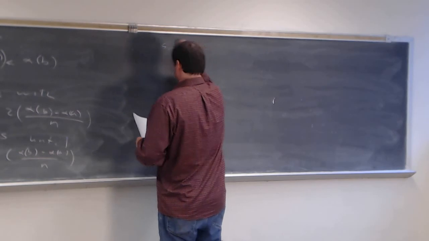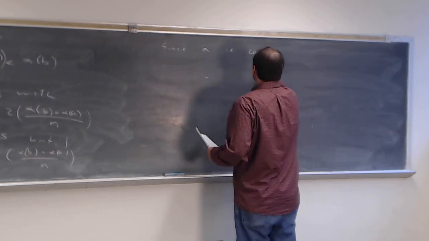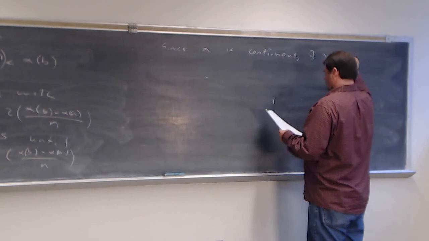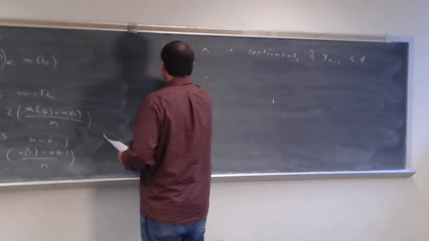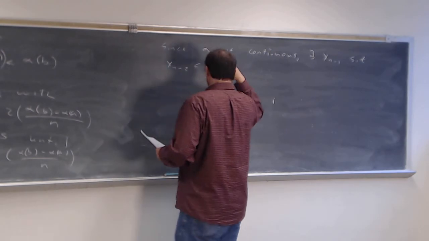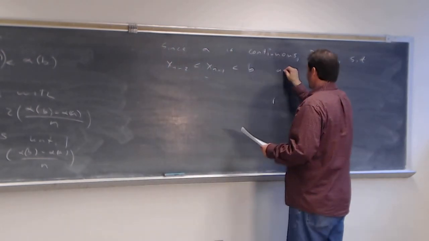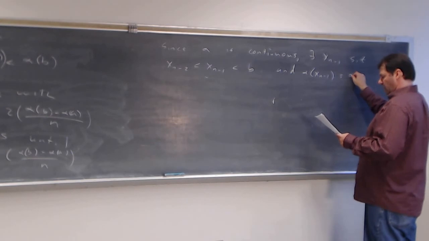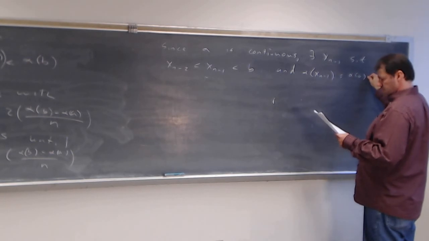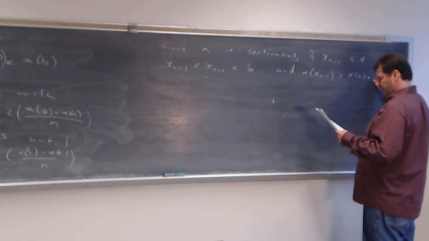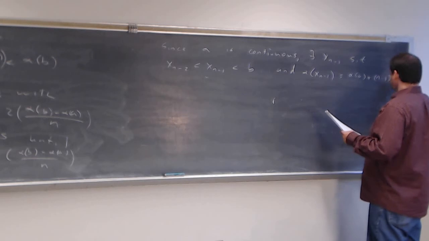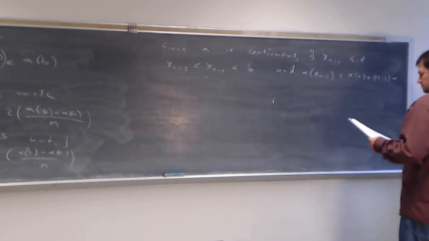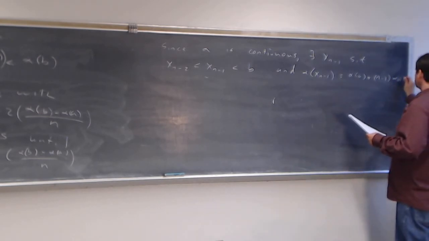And we say since alpha is continuous, there exists x sub n minus 1 such that x sub n minus 2 is less than x sub n minus 1, which is less than b, and alpha of x sub n minus 1 is equal to alpha of a plus n minus 1 times alpha of b minus alpha of a.